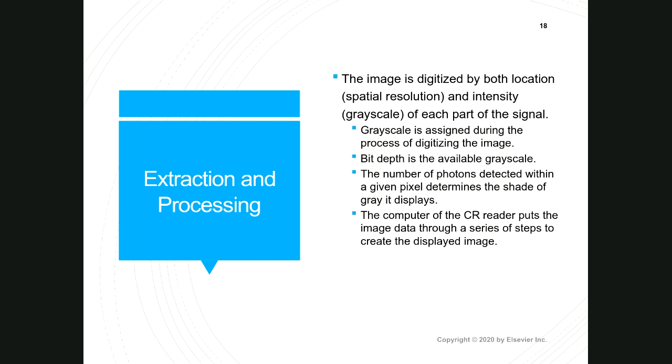Then the computer puts the image data through a series of steps, and it creates that displayed image that we end up seeing on our workstation. Typically it takes about 90 seconds to process a CR plate, so it's about the same length of time as when we used to process film.